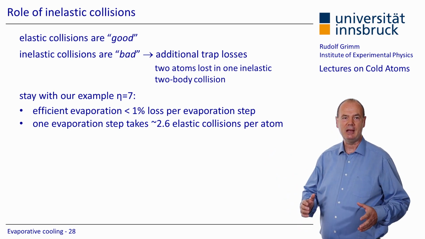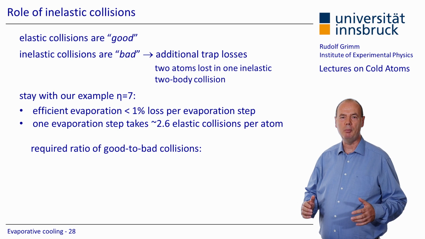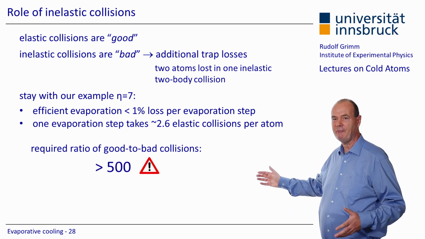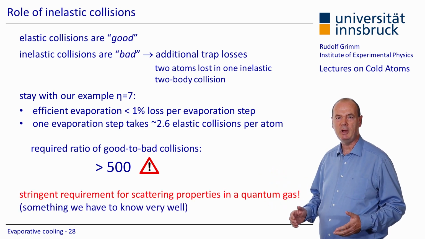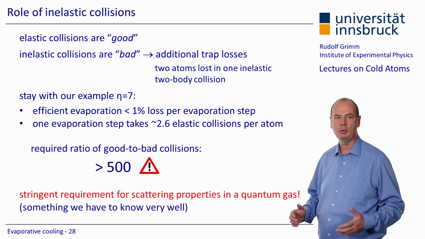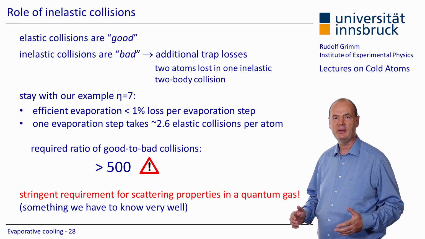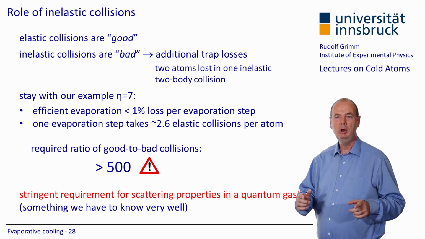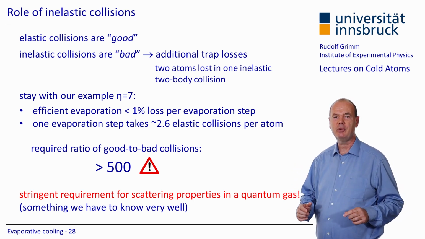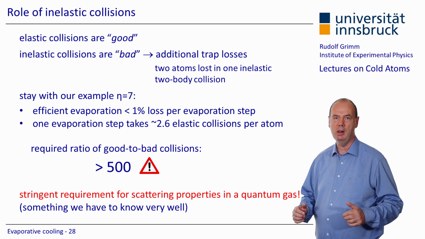This together gives us the required ratio of good to bad collisions, for which we obtain the large number of 500. This condition sets a stringent requirement for the scattering properties in a quantum gas. This tells us that to achieve efficient evaporative cooling, we have to understand, control, and optimize these scattering properties very well.